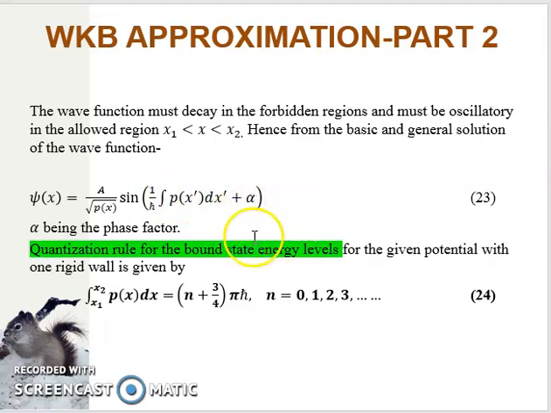This alpha is the phase change factor within the 2 points x1 and x2, and the quantization rule for the bound state energy levels for the given potential with one rigid wall is given by the integral from x1 to x2 of px dx, equal to (n plus 1 by 2 plus 1 by 4), that is 3 by 4, times pi h cross, and n equal to 0, 1, 2, 3 and so on.